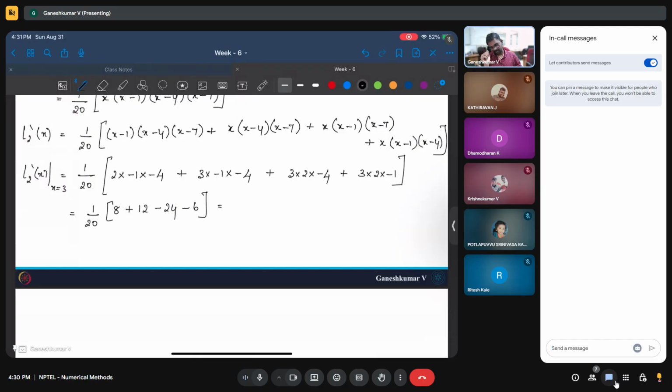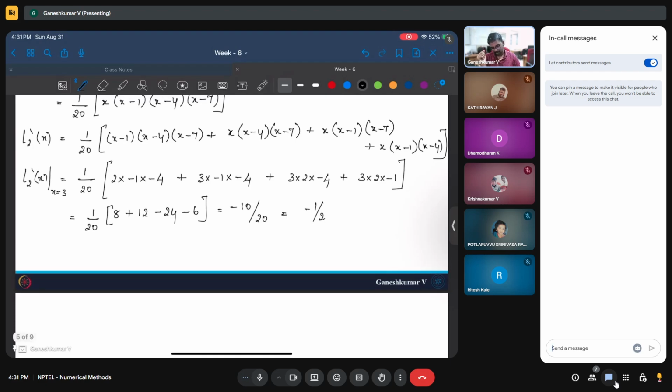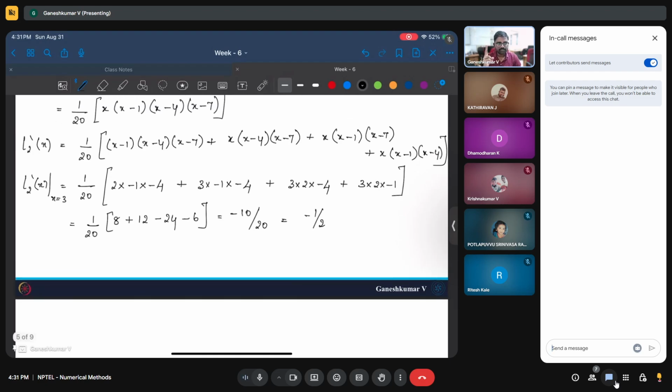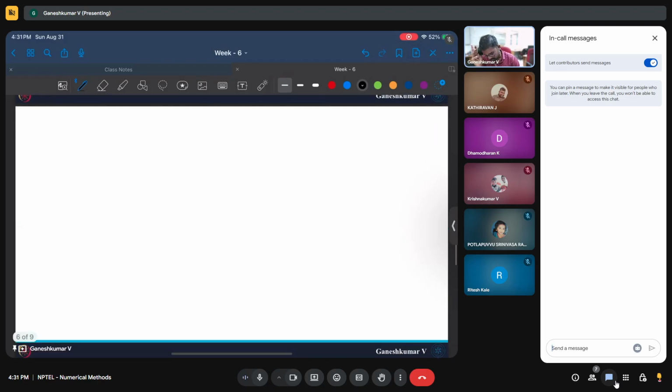All right, so this is minus 30, plus 12 plus 8 is minus 10, minus 10 by 20 is minus half. This is your L2 coefficient. So we have two more to go.